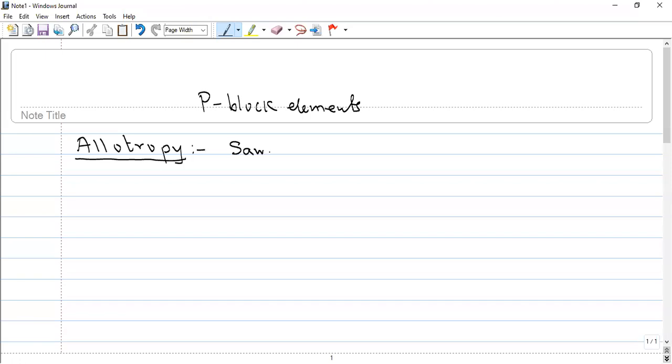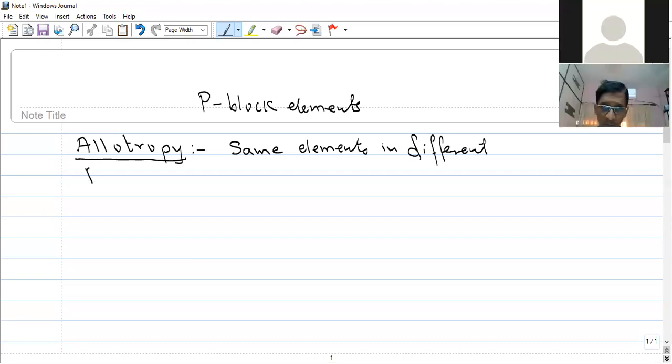Same element in different physical form. Example, phosphorus.